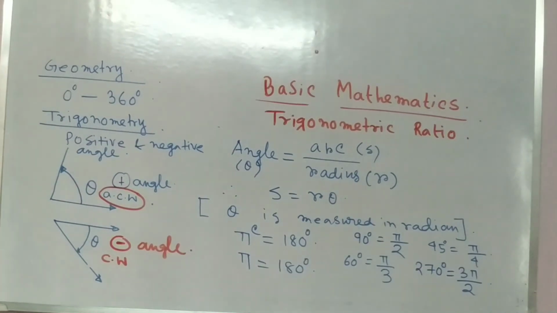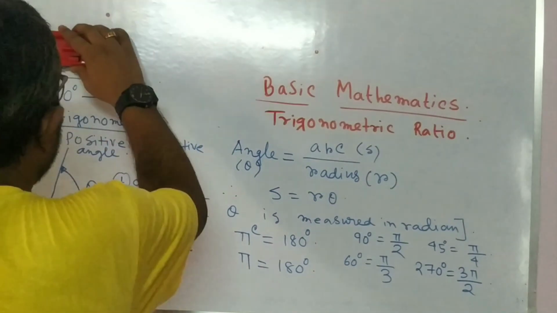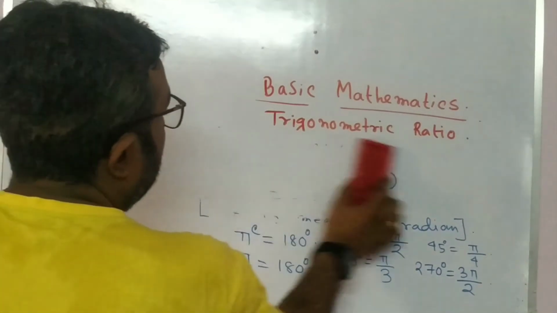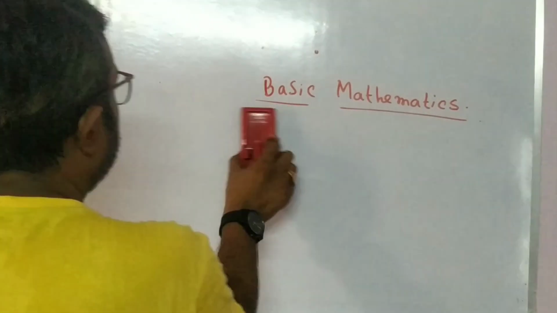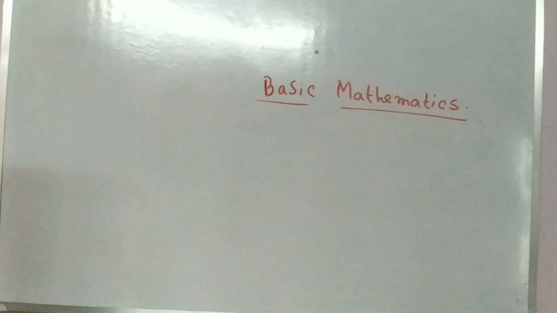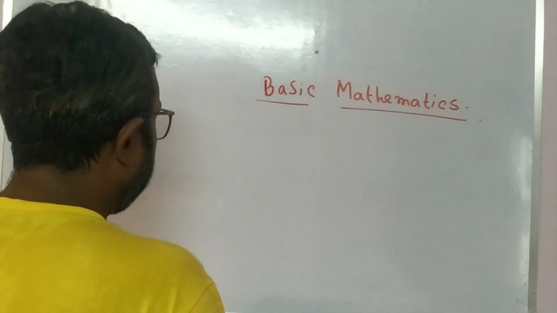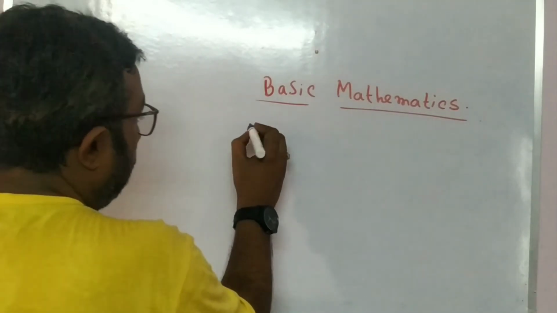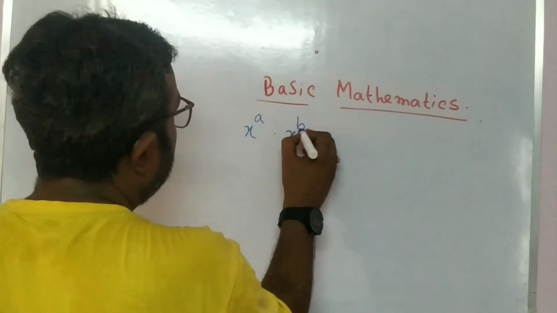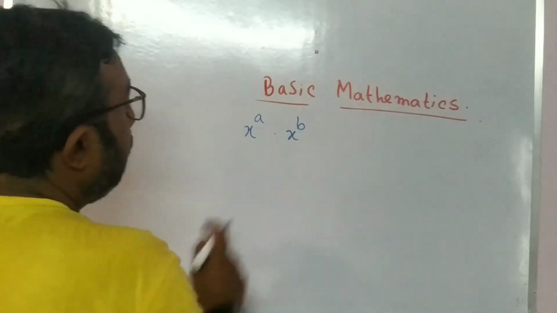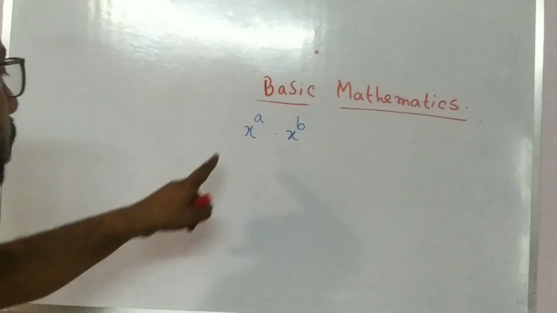Now you need to learn some algebraic laws that we call indices. If you take x to the power a multiply x to the power b, here you can see the base of two quantities is same.